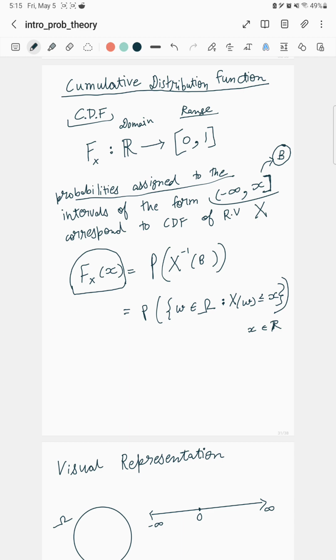To represent this in a visual way, we can see it here. Let's say this is our sample space Omega. This is our real number line which goes from minus infinity to infinity, and we take a Borel set such that it goes from minus infinity to some real number x. So this is the Borel set.